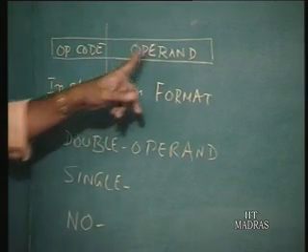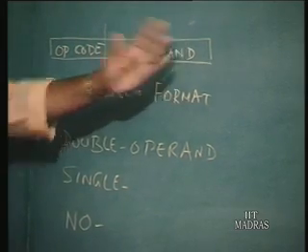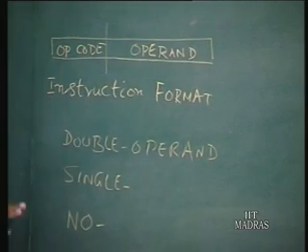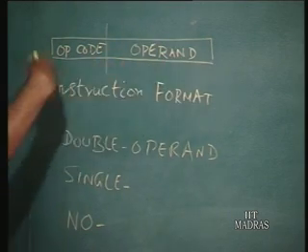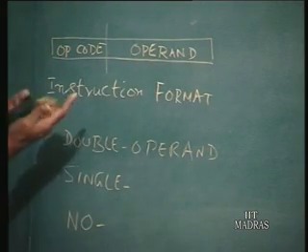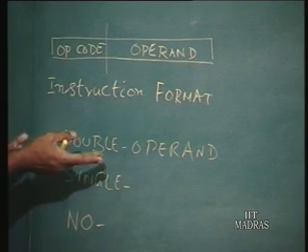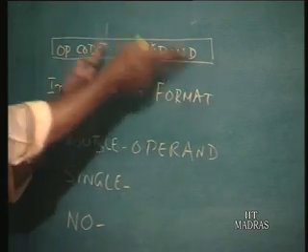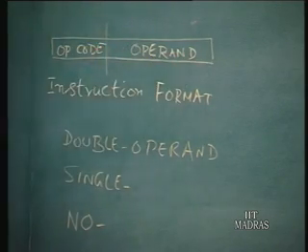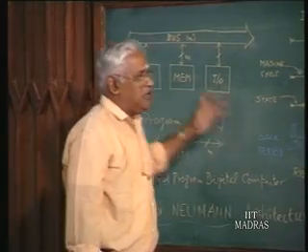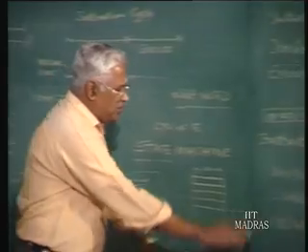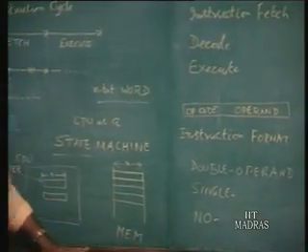Then it will look into the other part, and then it knows what it is. Okay, no operand means there won't be any reference to operand at all. So for instance, if add is the instruction, minimum it's double operand. So then it will fetch the two operands. Once it has the two operands in, then it will carry out that particular instruction. Now similarly, other things too. Good.